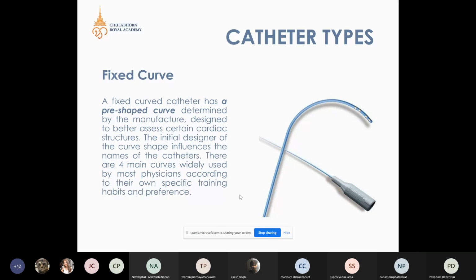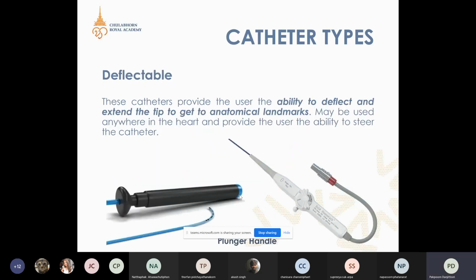The deflectable curve catheter comes with a plunger handle. The plunger handle is used to manipulate the deflection and extension of the tip of the catheter to get to the anatomical landmarks.